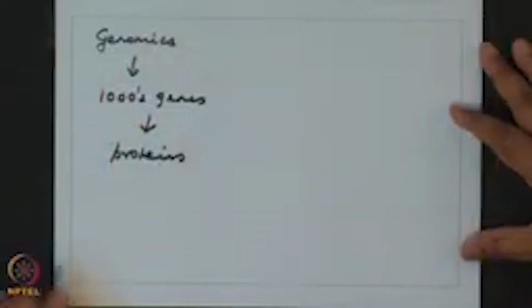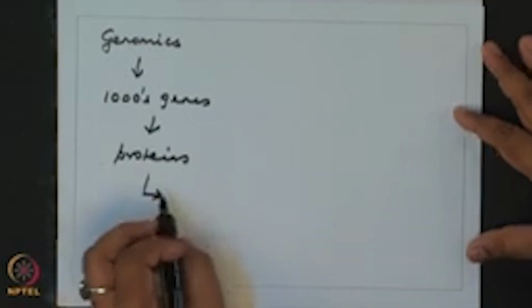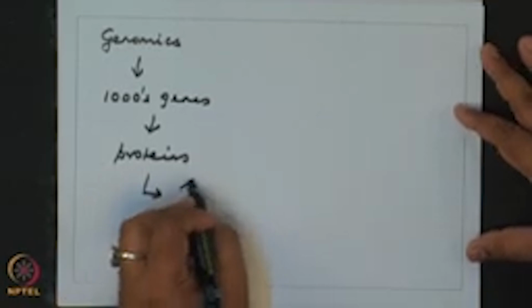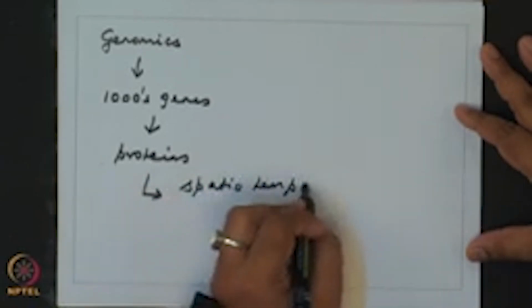So, why is mechanics important in biology? Since the dawn of genomics, you have access to information about thousands of genes, which encode for proteins. But these proteins are not always present in cells, and you have a spatiotemporal regulation.